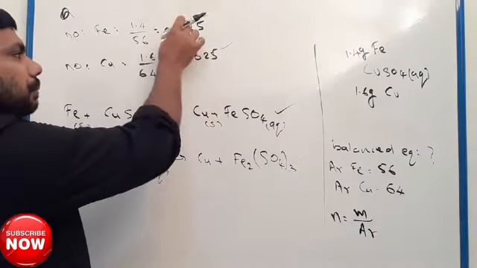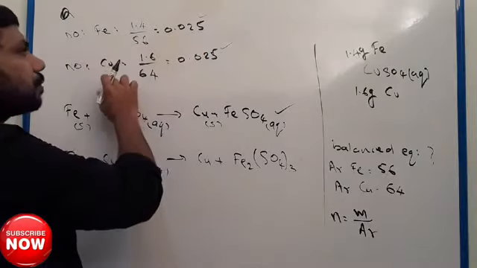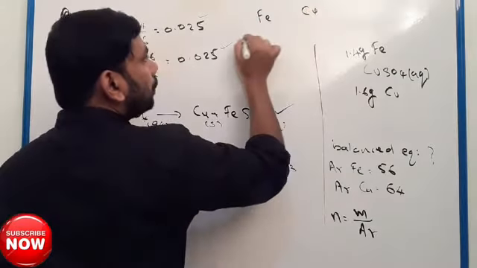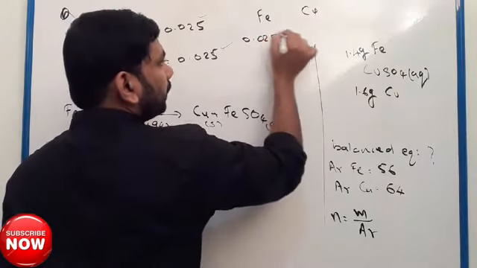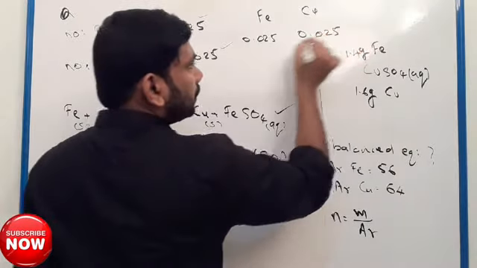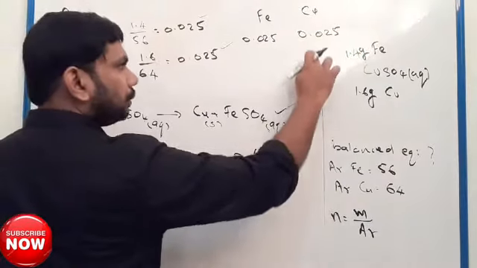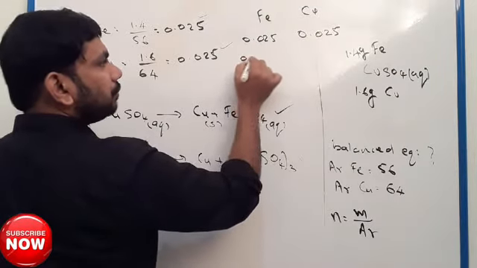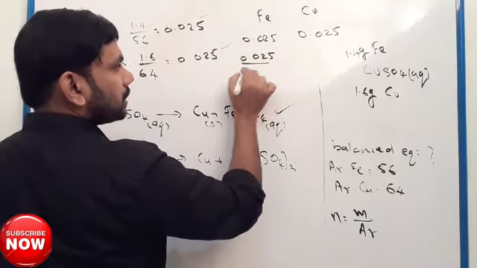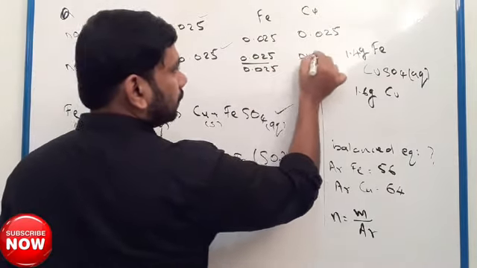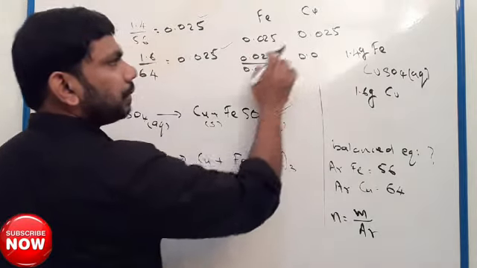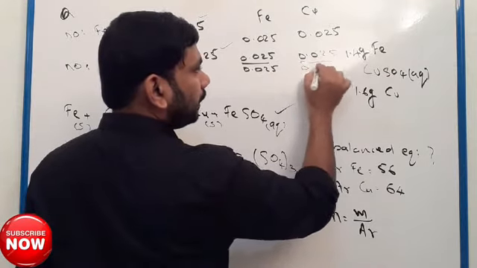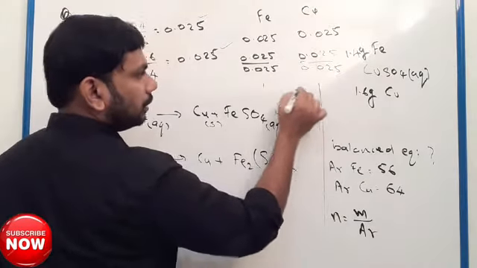So the number of moles of iron and copper are both the same, 0.025. Check this number carefully: when you divide these two numbers by the common number 0.025, you will get 1 and 1.